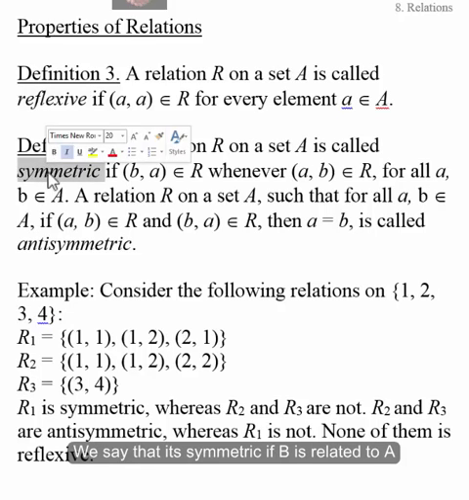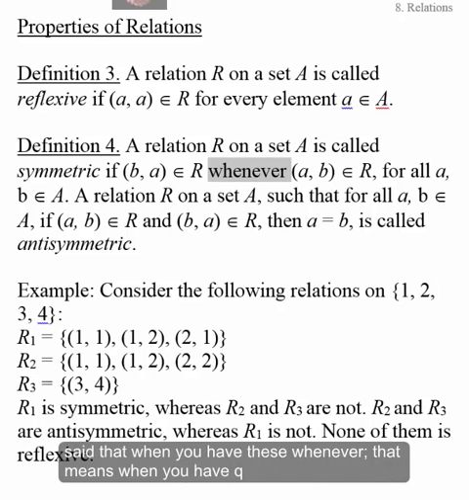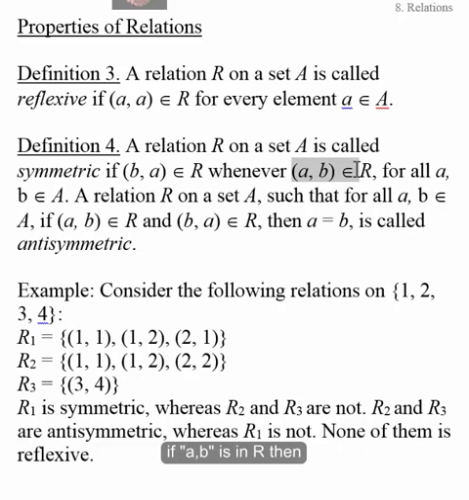We say that it's symmetric if B is related to A, then also A is related to B. Remember, when we studied the conditional and the implication, we said that when you have Q whenever P, that means P implies Q. So we can rewrite this as: if (A, B) is in R, then (B, A) is in R.